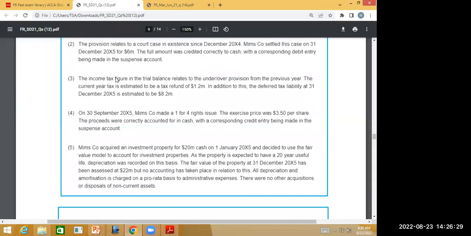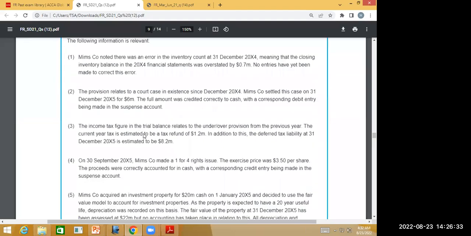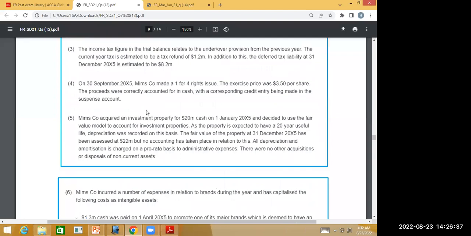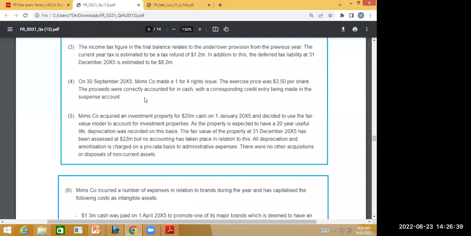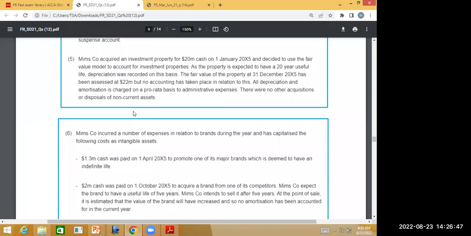For the MIMS company, we have attempted note number 1, note number 2, note number 4, and note number 6. Am I right? We have done these 4 notes in the last class.